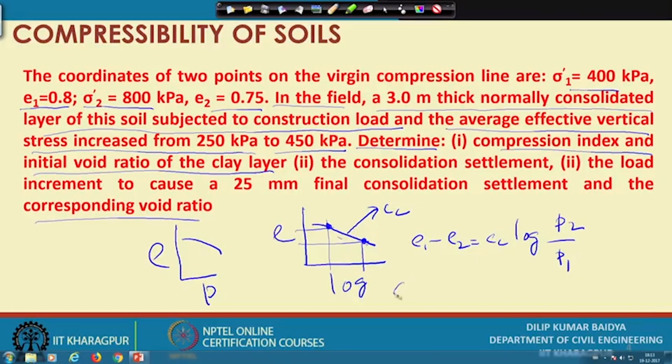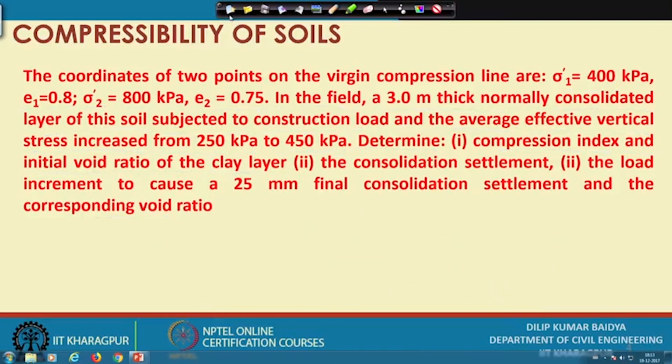So, Cc will be E 1 minus E 2 divided by log P 2 by P 1. If I want to find the slope of the line, I take 2 points at P 1 and P 2 and E 1 and E 2. So, this should be the expression. On the virgin consolidation curve 2 points are given, and using those 2 points we can find the compression index. After that I have to do the rest of the calculation.